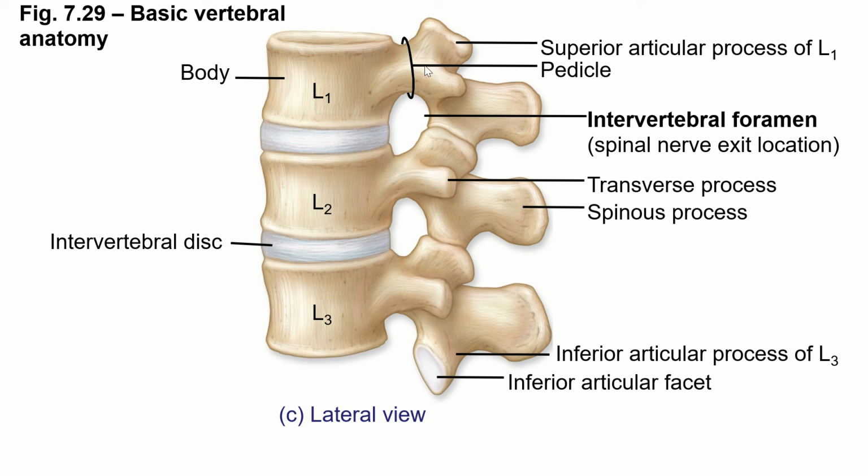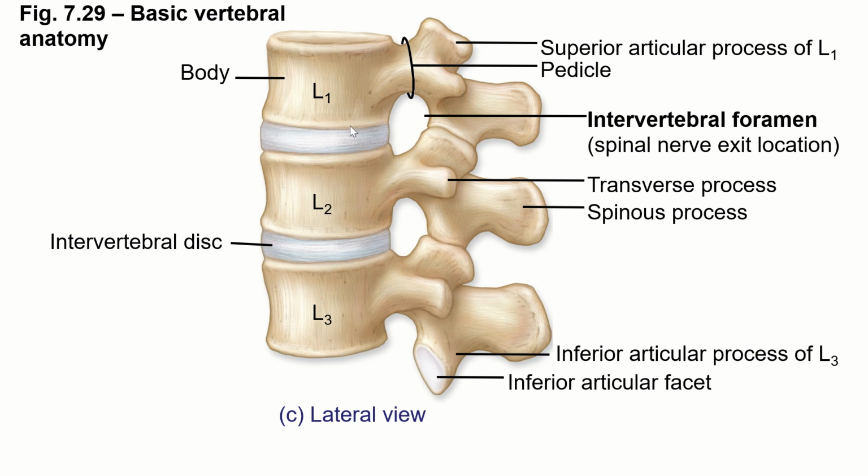Here's the transverse process, the superior articular process, and an inferior articular process. In these lumbar vertebrae, the inferior articular process is actually coming off of the spinous process. And I know in these lumbar vertebrae the spinous process doesn't look very spiny, but that's still what it's called. So that's how they fit together. The spinal cord is running up through those vertebral foramina, and then the spinal nerves are going to exit through these intervertebral foramina.